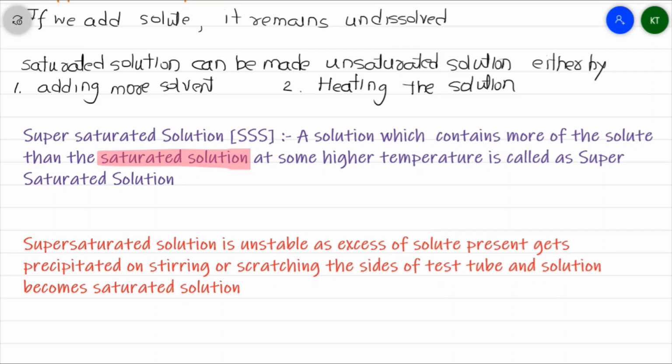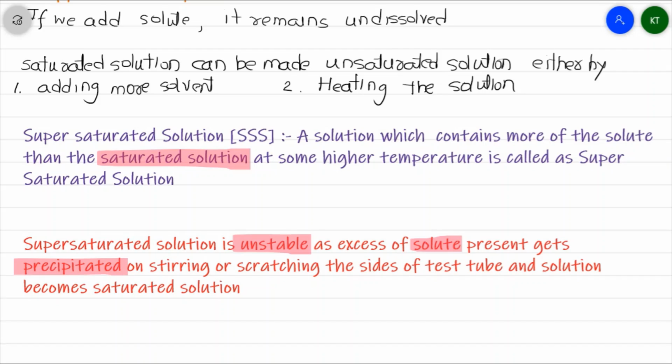But one of the important facts to understand here is that a supersaturated solution is unstable. So what happens if you try to cool it or if you leave it like that? Slowly, when the temperature falls down, the extra solute which is present will get precipitated.